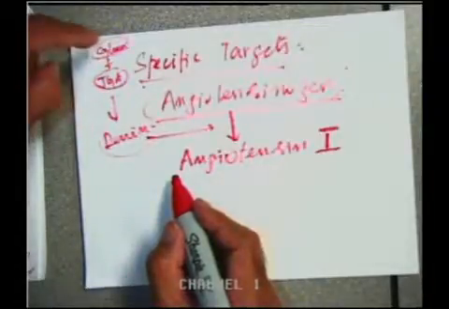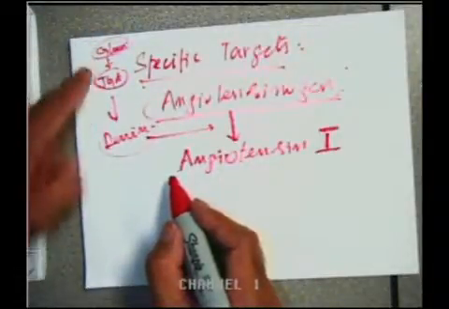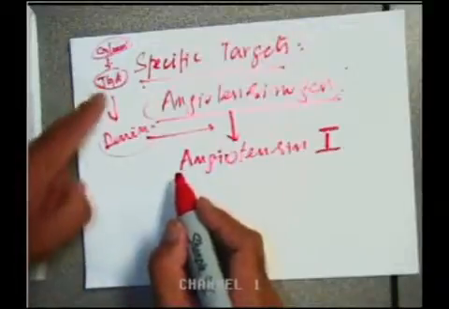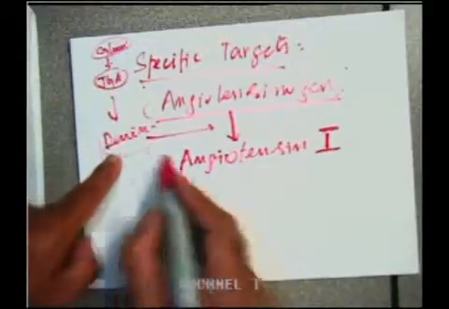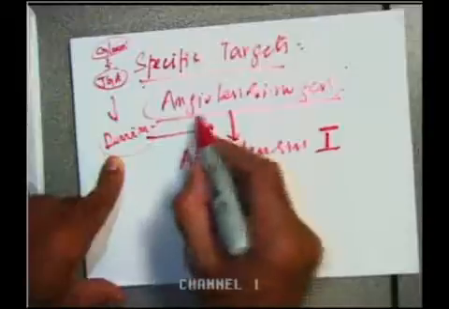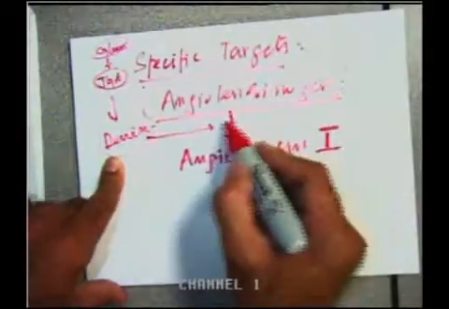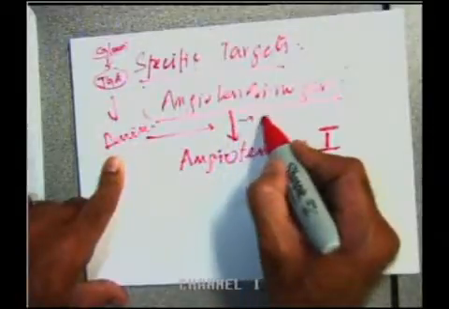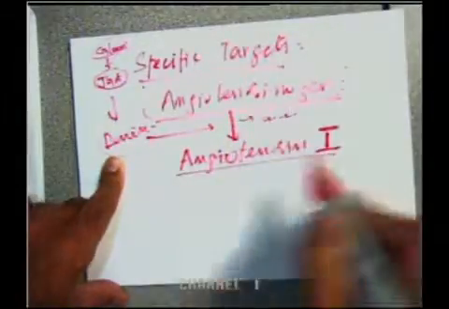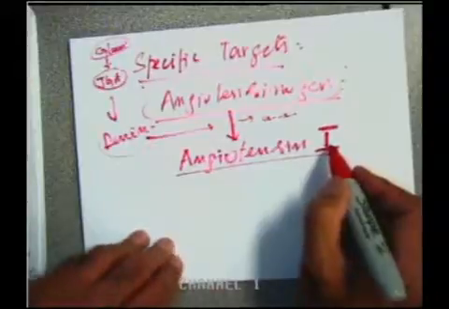When it senses a decline in blood pressure, the JGA secretes renin, and renin gets into the blood, and where it finds angiotensinogen, an inactive protein, it cleaves certain amino acids and produces angiotensin 1.